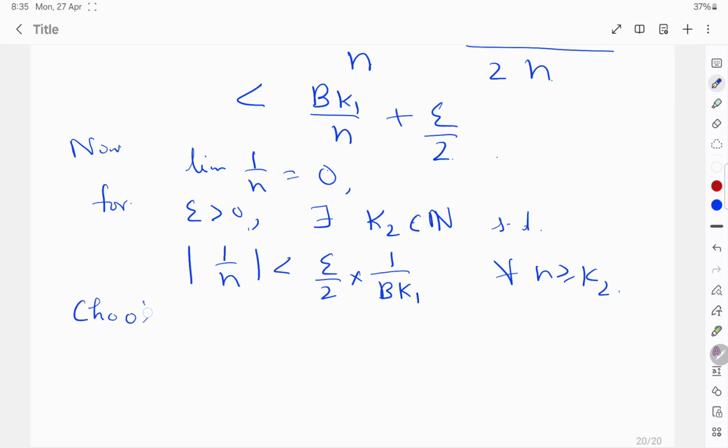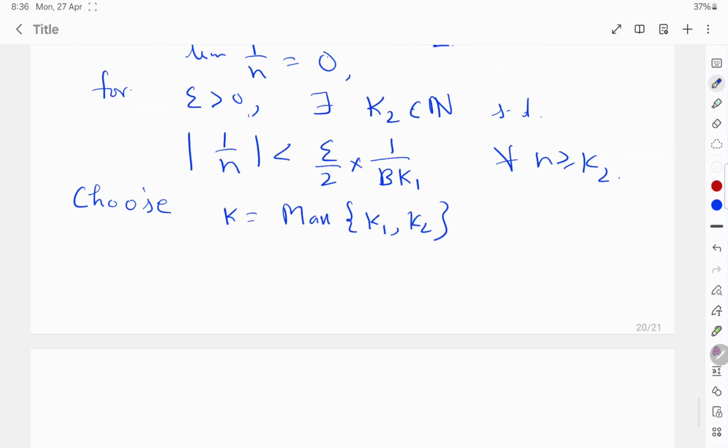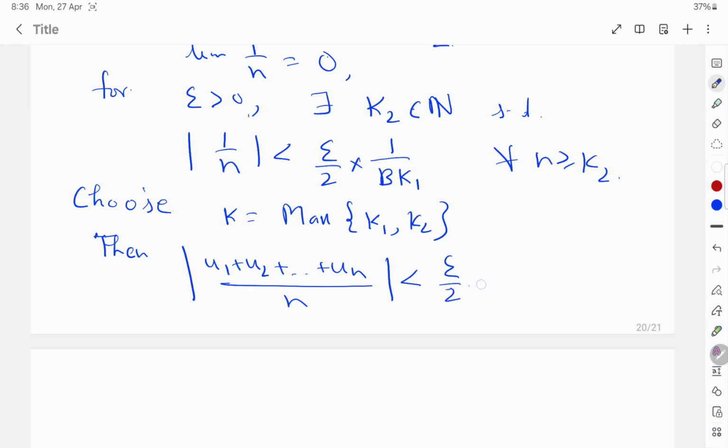Choose k equal to max of k1 comma k2, so then you have basically the result.